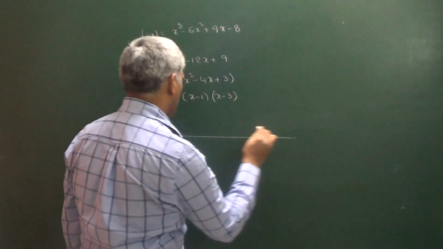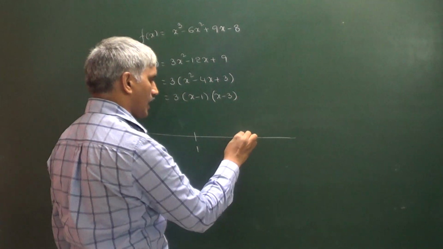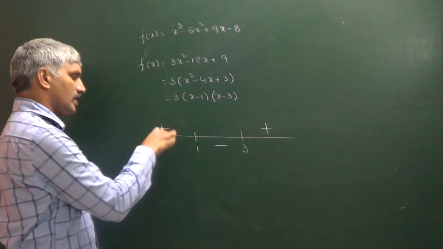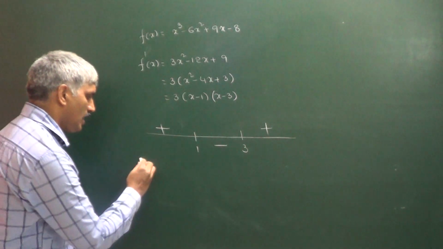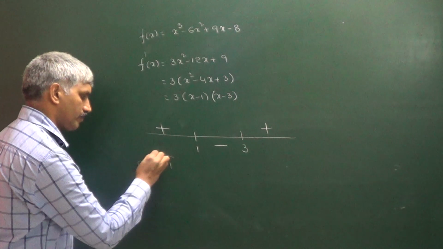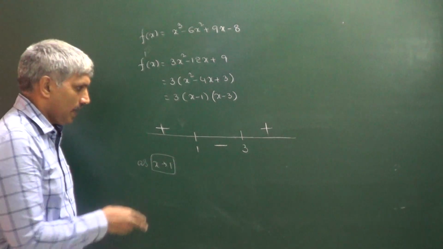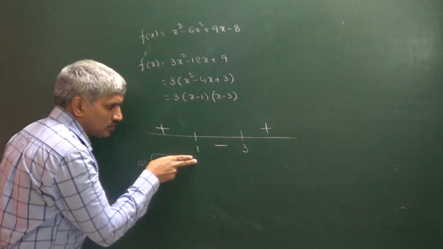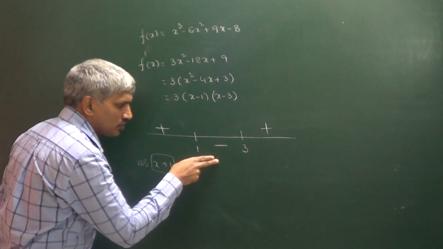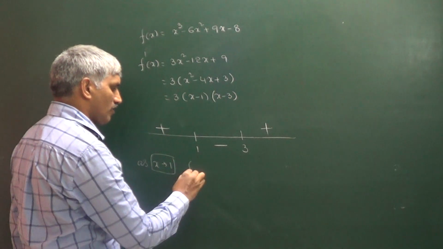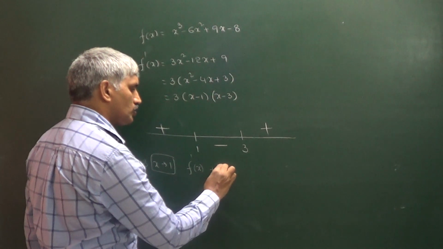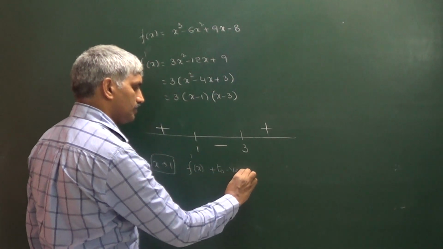Now we can represent this on the number line. This is 1 and this is 3. You know the wave curve method: plus, minus, plus. Now observe that as x values are increasing through 1, f dash of x changes its sign from positive to negative.